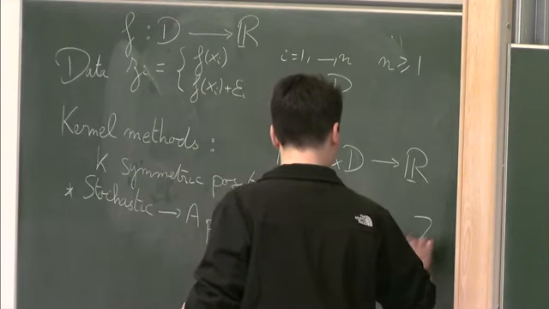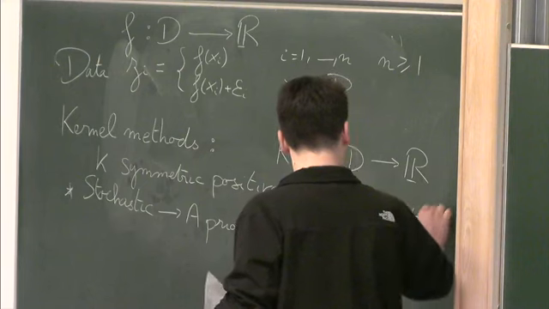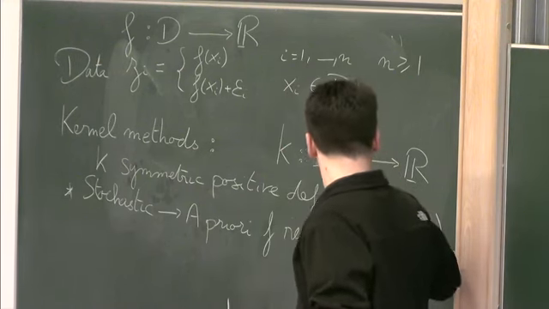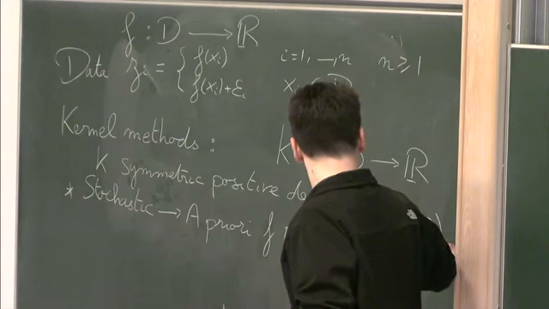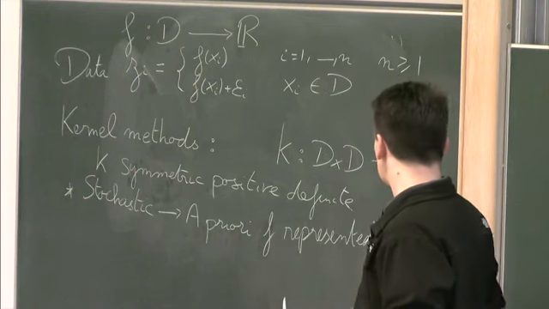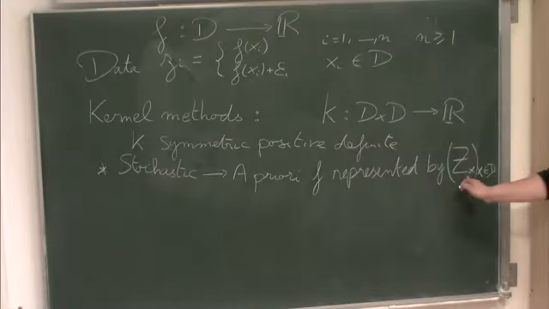Z. So Zx means that I have a set of random variables that are indexed by the same source space as my function f. And this object is characterized by the finite dimensional distributions, which in the Gaussian case are completely characterized by the mean and the kernel function, the covariance kernel.